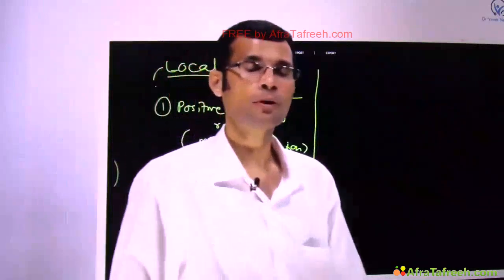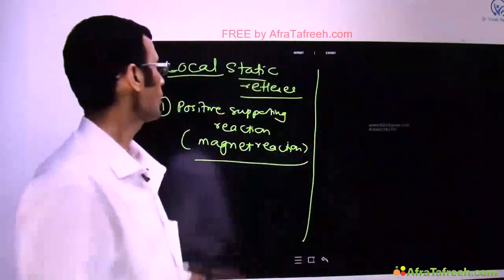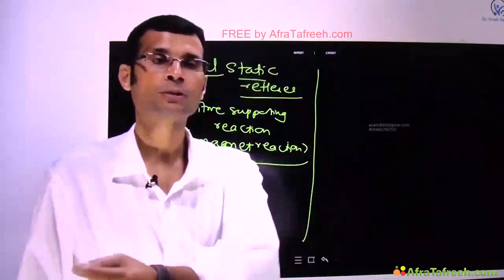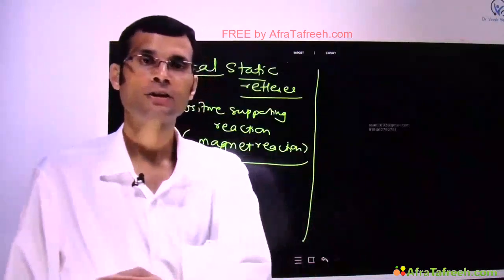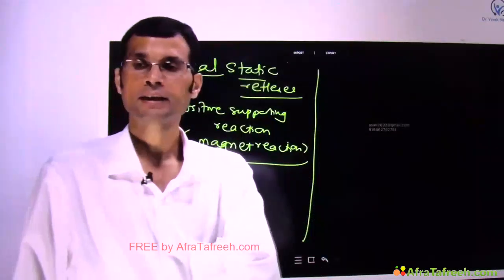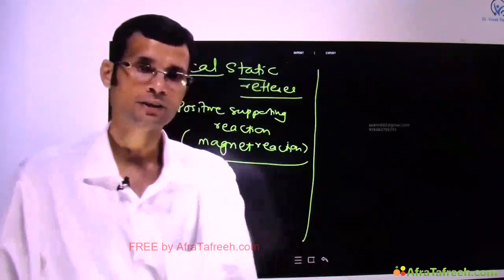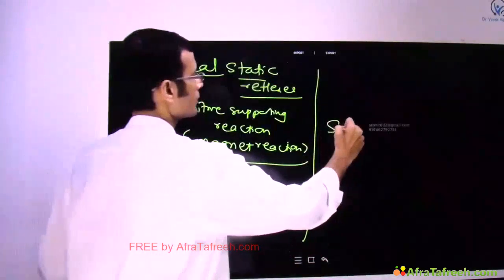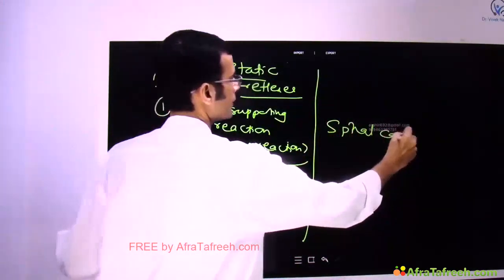The limb supports the body weight, becomes a rigid pillar. Why is it called the magnet reaction? Because the direction in which you go on stimulating, the contraction goes on getting stronger in that direction. So it's called the magnet reaction. And this is seen in the spinal animal. The center is the spinal cord.